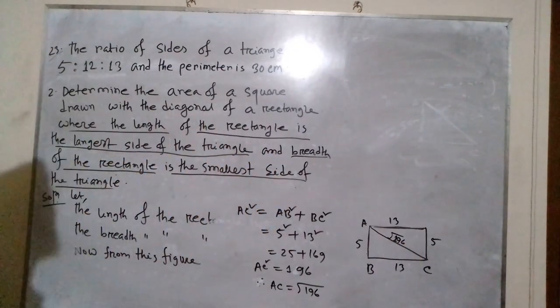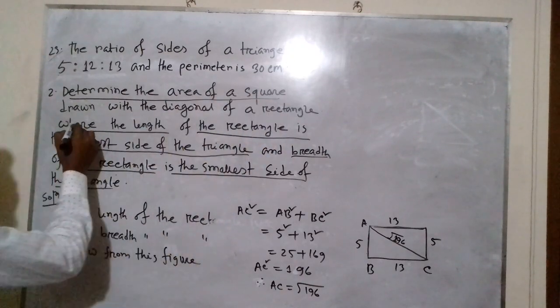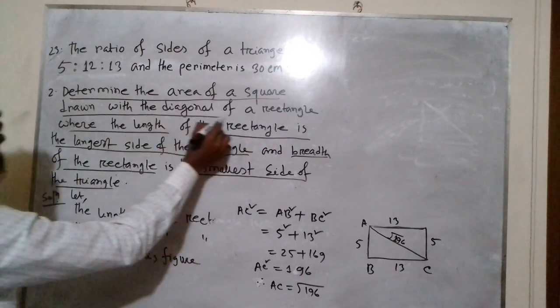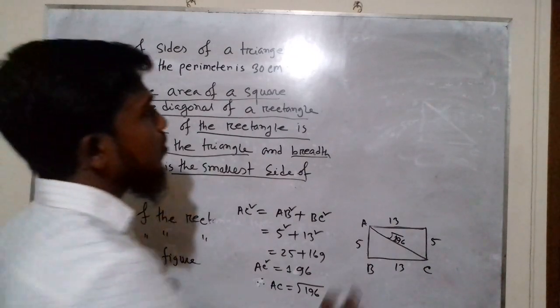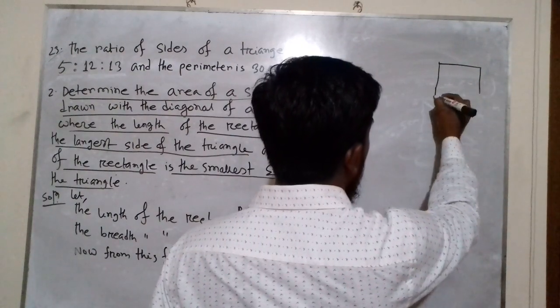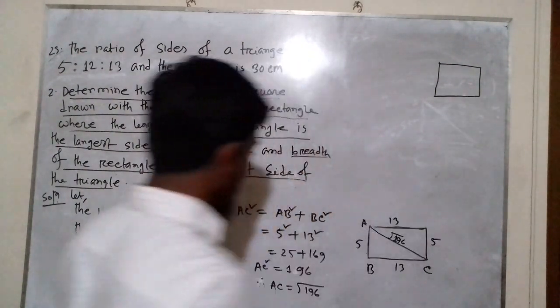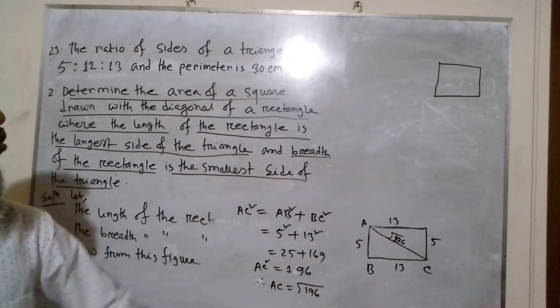Okay. Now look, determine the area of the square drawn with the diagonal of a rectangle. Now draw a figure of a square with the help of this rectangular diagonal.